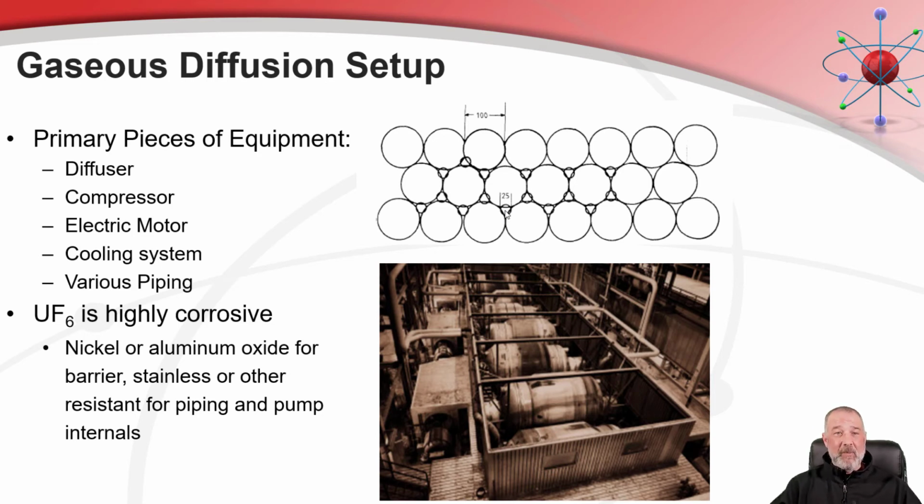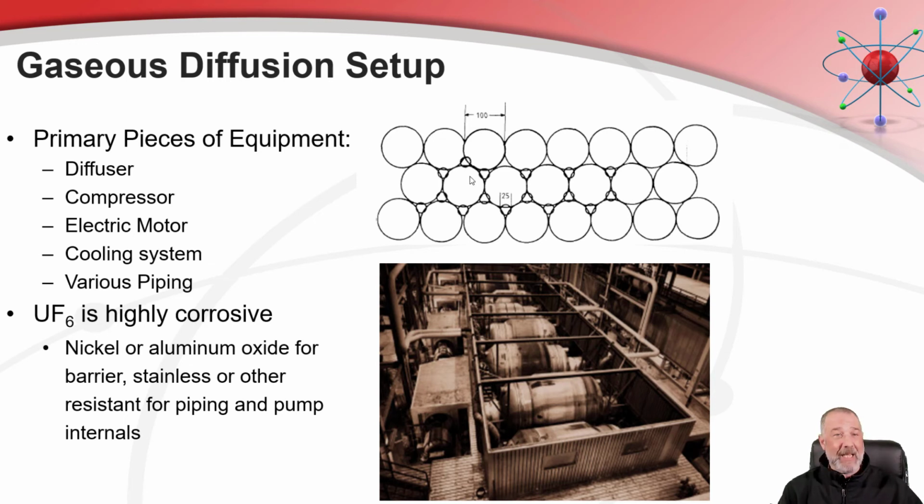Imagine that this is one layer, and then there's another layer stacked in front of it, and another layer in front of that, and so on, for a given thickness of material. The size of these holes and the distance that your UF6 has to travel to get from one side of the barrier to the other determines how good your separation is going to be for a given stage.